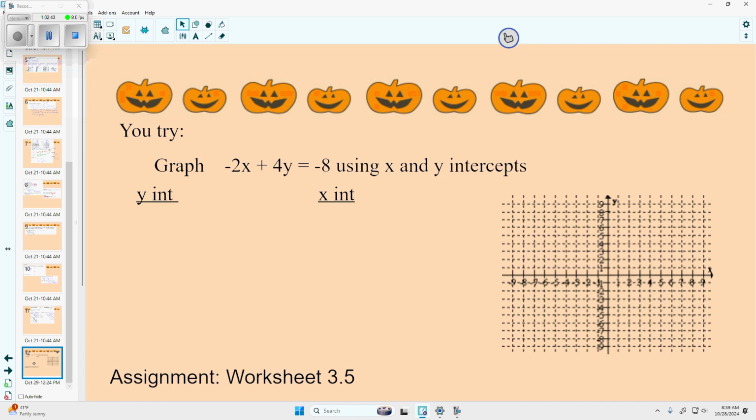Looks like most people are there. Tell me what you got for your y-intercept.